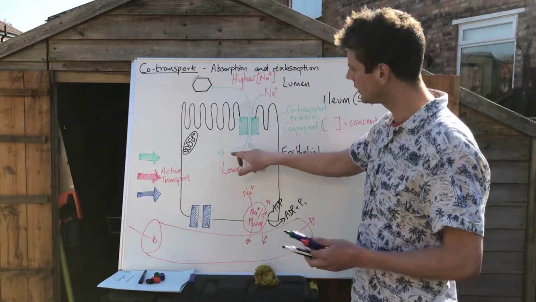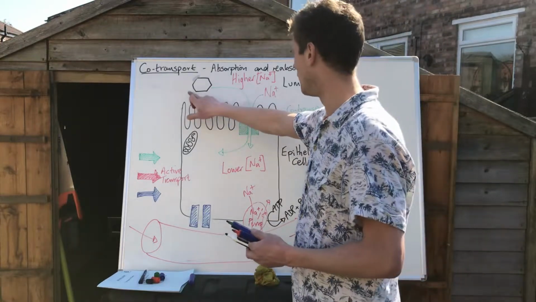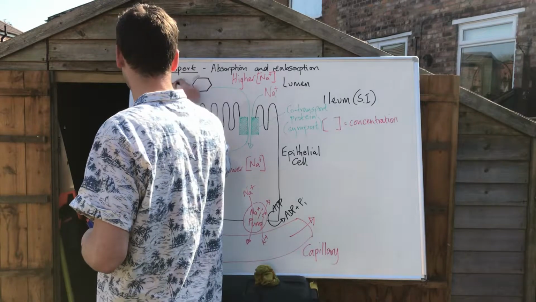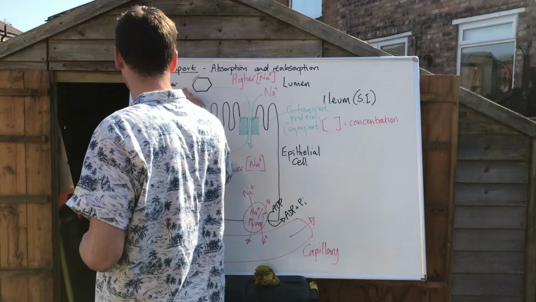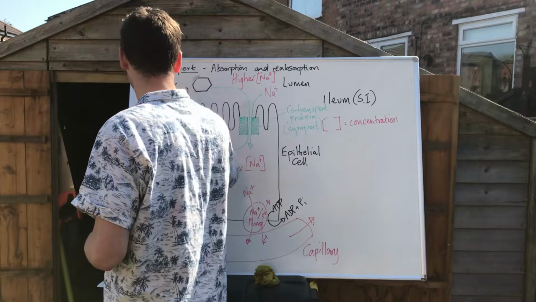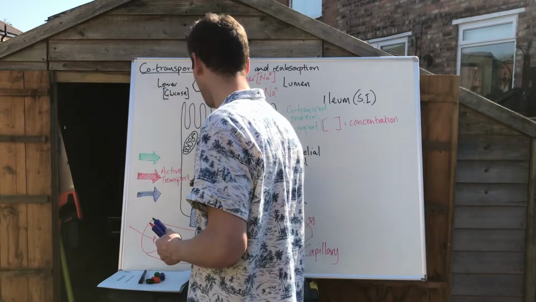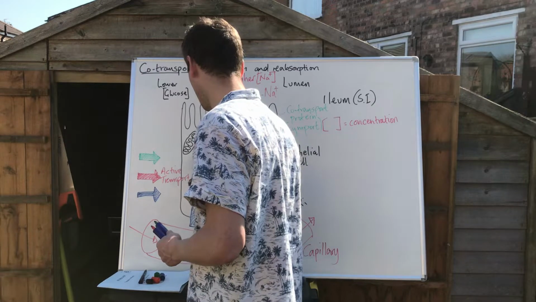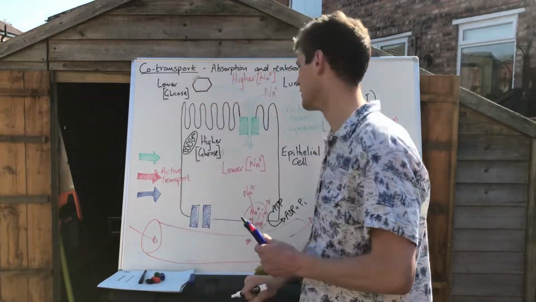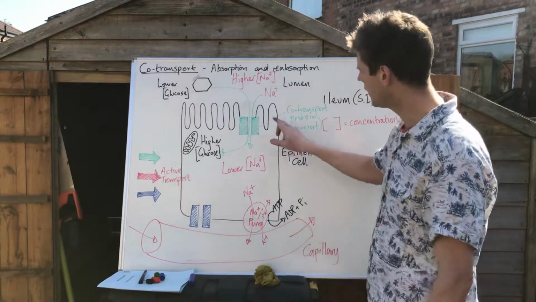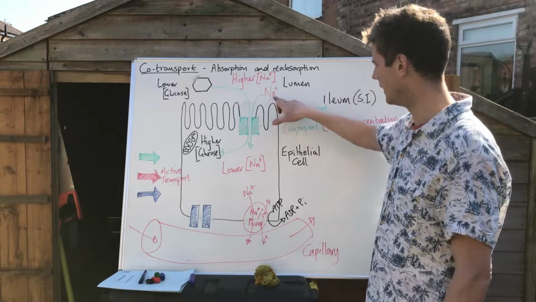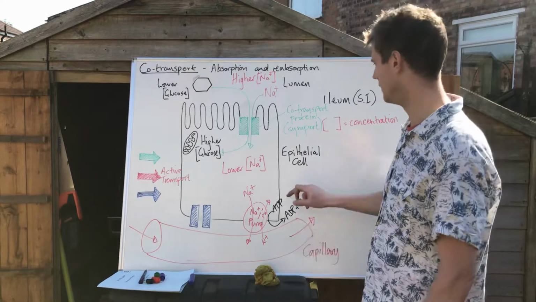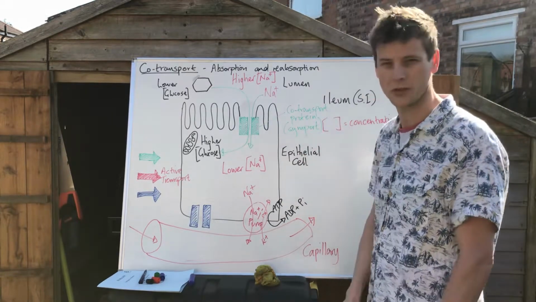So really here, glucose is moving from a lower concentration to a higher glucose concentration. And that's only able to happen if these sodium ions move down their concentration gradient through this co-transport protein or symport.